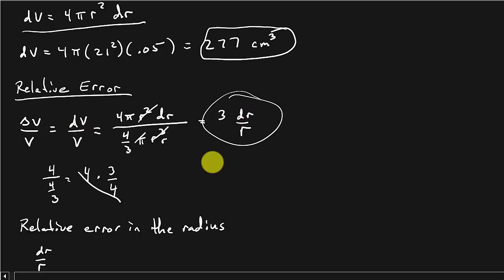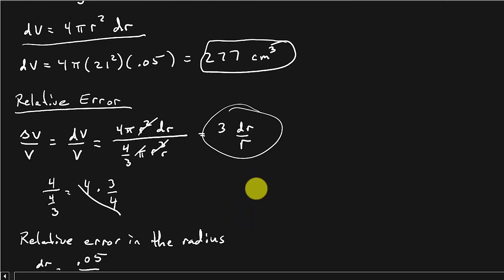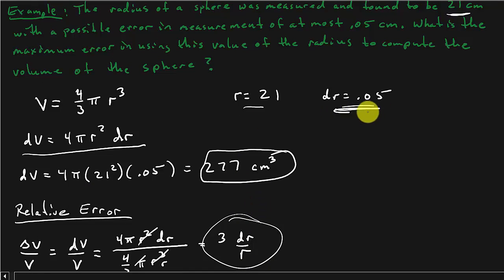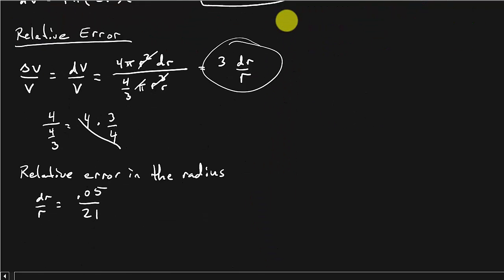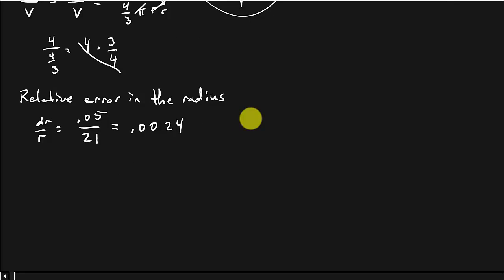This dr over r is just the relative error in the radius. That is equal to dr, which is 0.05, over 21. Where'd you get that? Well, there's dr and there's r. And so that is about 0.0024. That's the relative error in the radius.